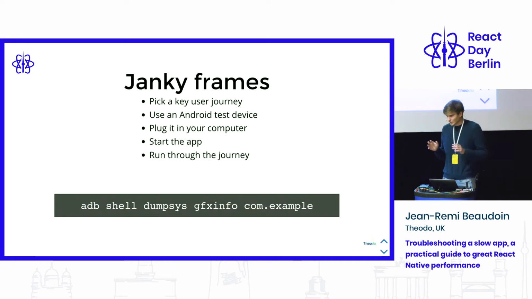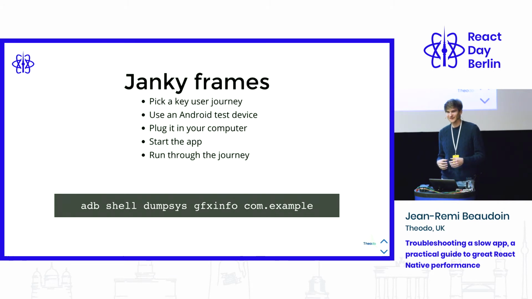So we had the thing we wanted to measure. How did we measure it? We picked a user journey that we were going to repeat throughout our project to see how we improved the user's experience. We used an Android test device, which still hasn't changed, a Samsung from 2016 or so. Mid-end, quite old.